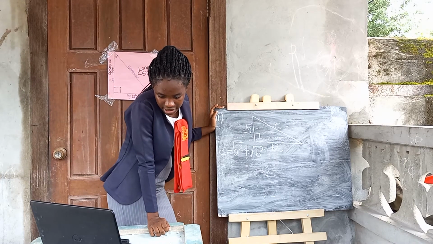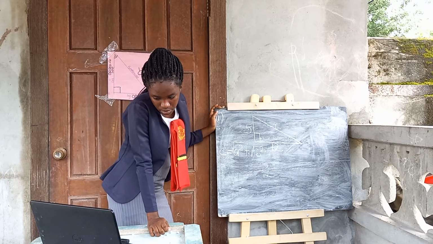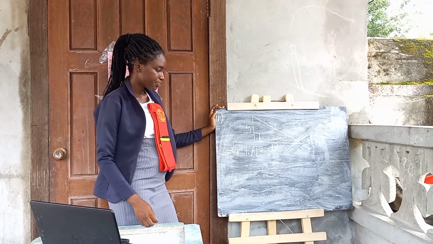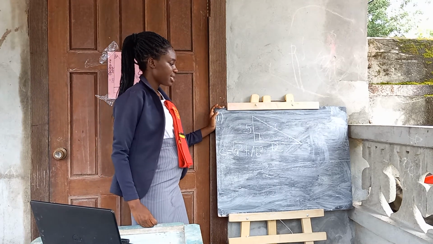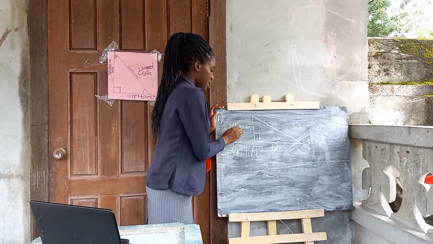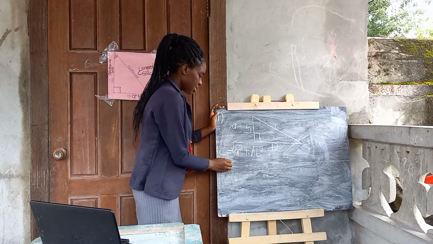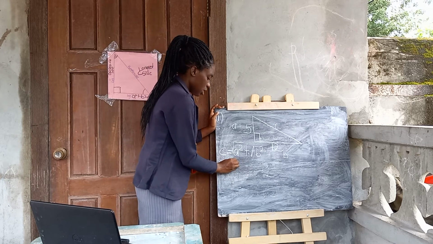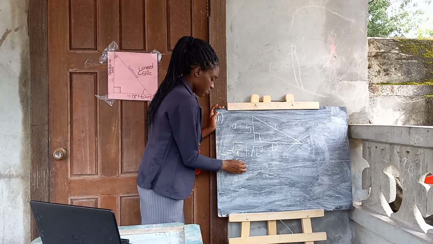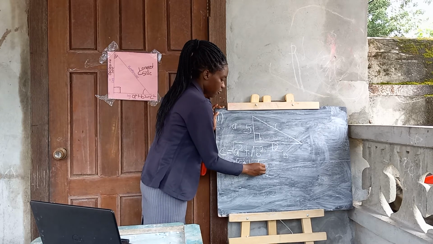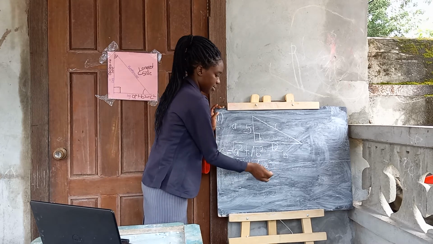What next are we going to do? We're going to put in what we know. So which side is A? We're going to give this side A and this side B. So C is going to equal the square root of 5 squared plus 12 squared.